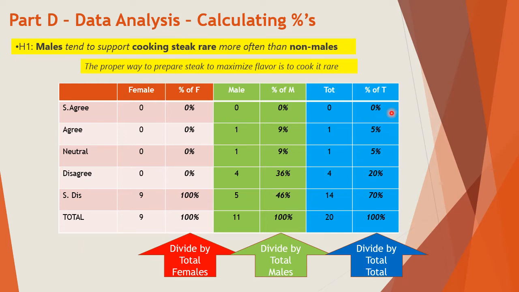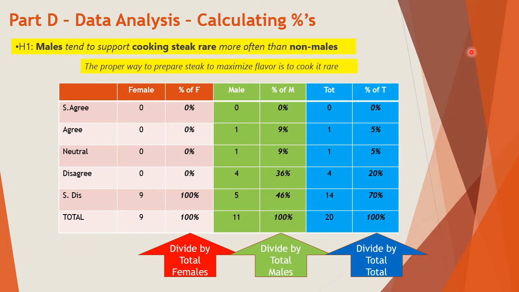So no one strongly agreed at all in our survey. 5% agreed, 5% were neutral, 20% disagreed, 70% strongly disagreed, etc. And so this is starting to give us some insight into the survey and whether our thinking is correct.